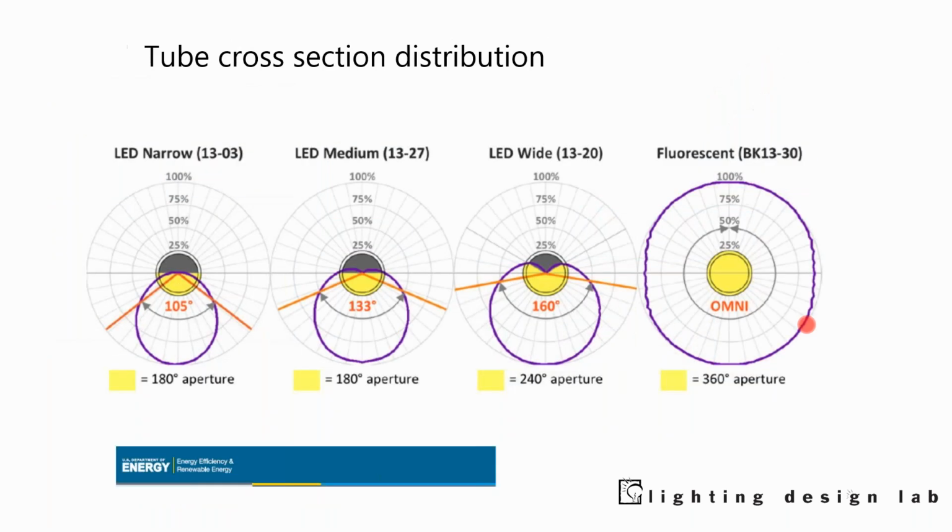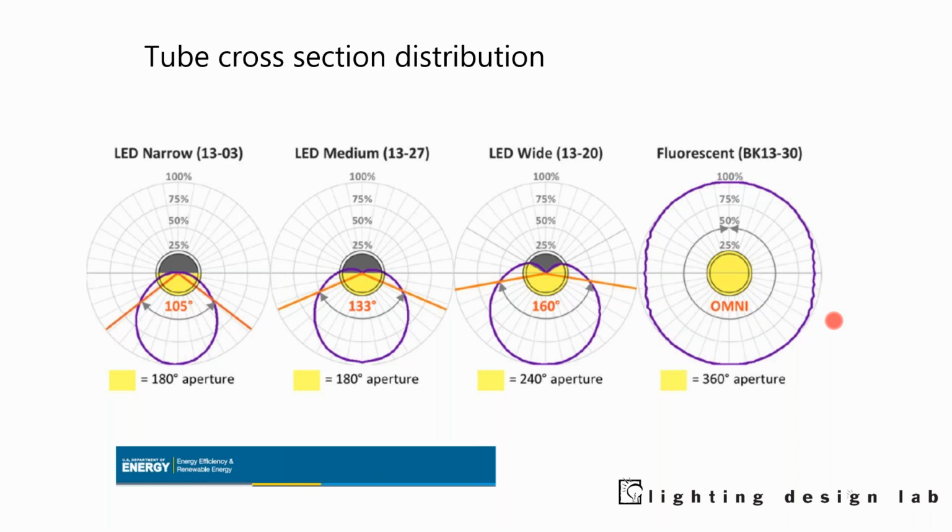All right. So another thing that we see with these tubes is the distribution is different. A regular fluorescent tube, here's our cross section of a fluorescent tube, the light comes out more or less uniformly all around it if we measure it carefully. Especially in the early days, we were seeing these tubes, especially where they would have metal on the back.